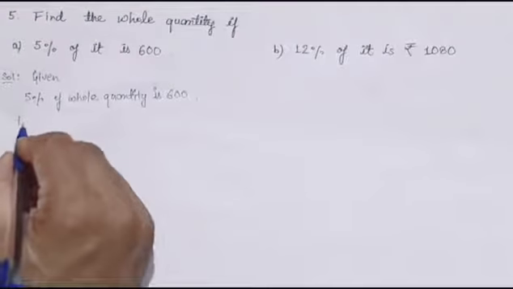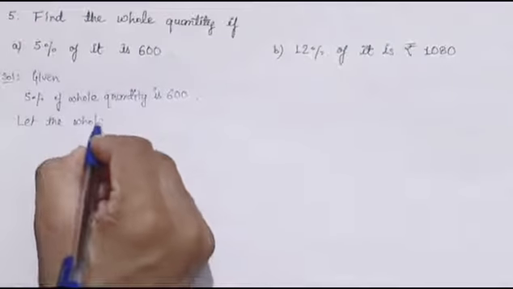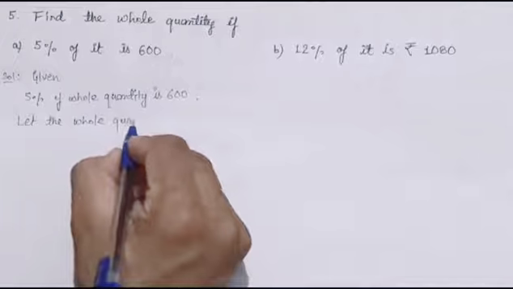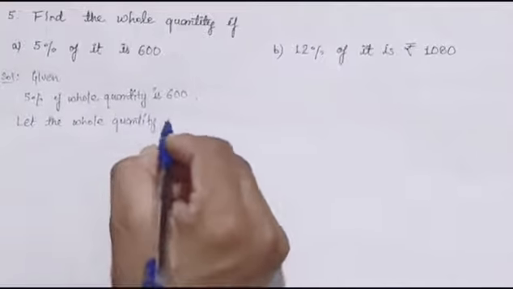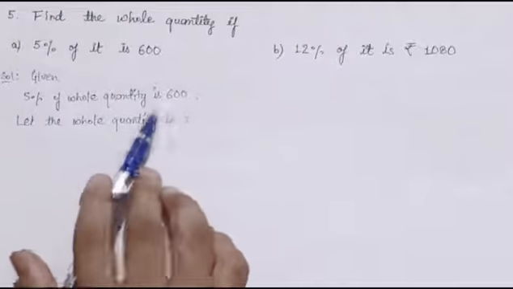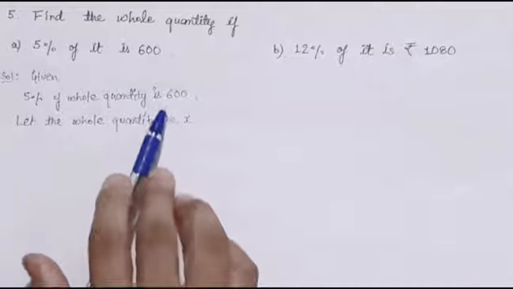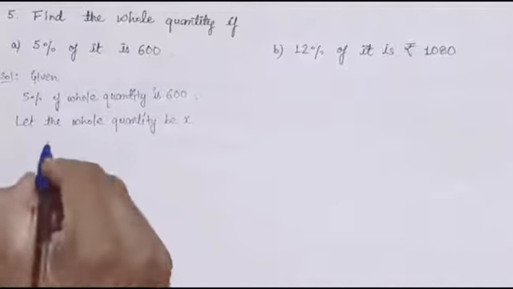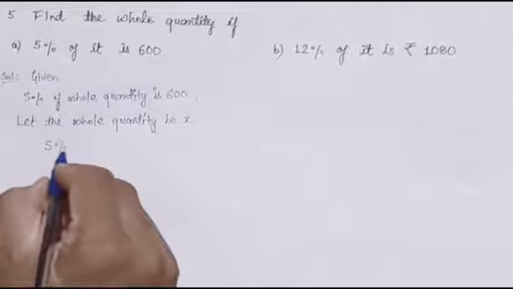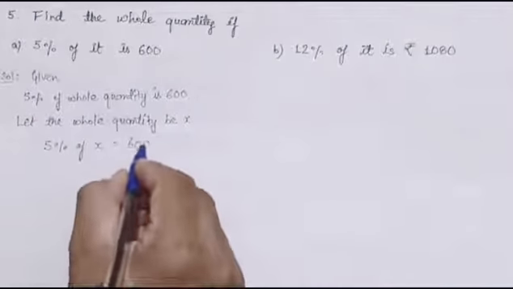Let the whole quantity be x. Then according to the question, what we can write? 5% of the whole quantity, that is 5% of x is equal to 600.